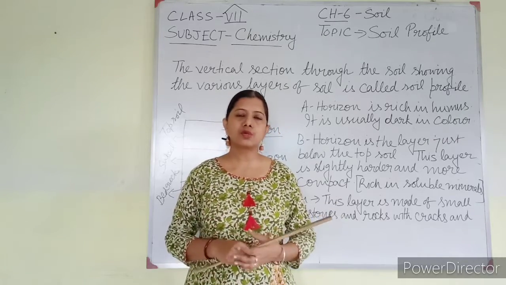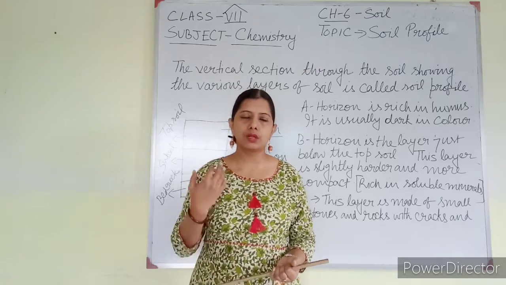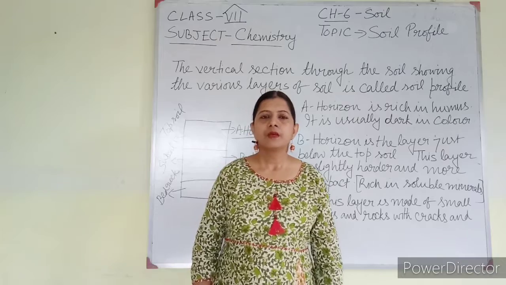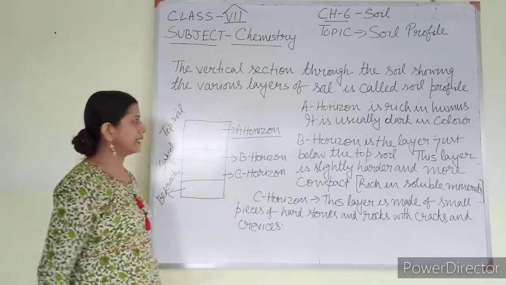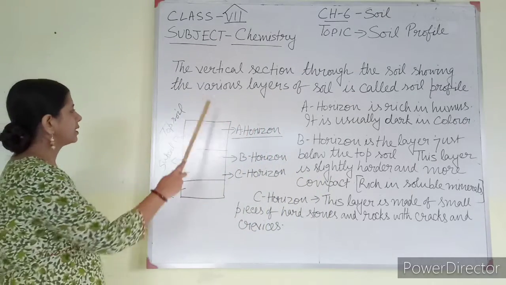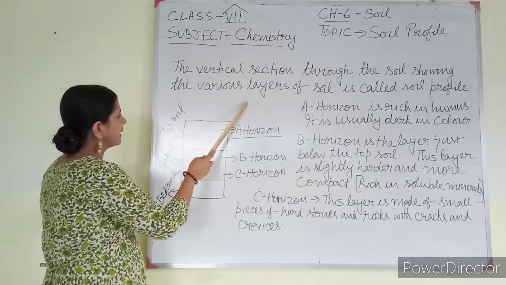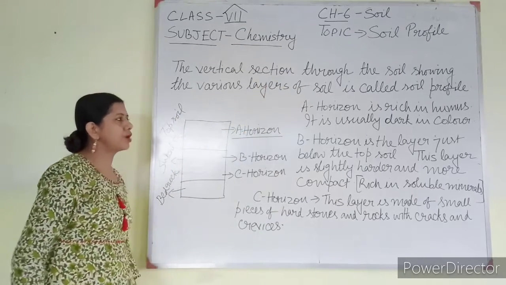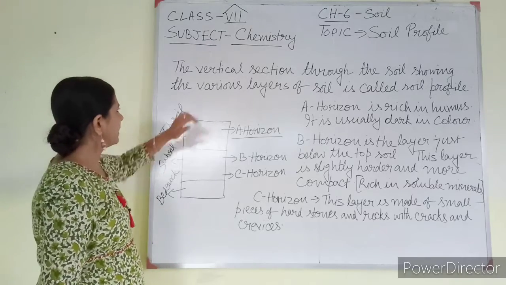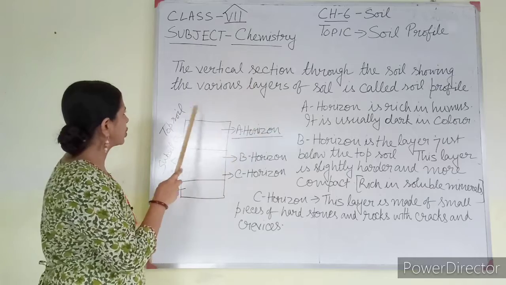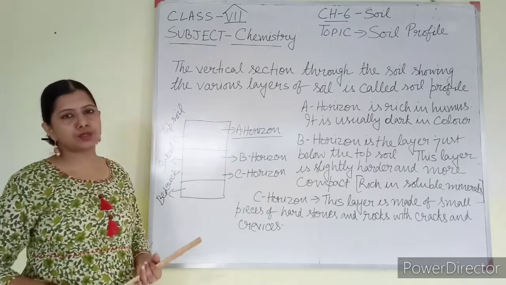So about that only, today you are going to learn. Although it is there in your book, I am explaining it. Okay. First, what is soil profile? That you have to know. The vertical section through the soil showing the various layers of soil is called soil profile. Again I am saying, the vertical section through the soil showing the various layers of the soil.